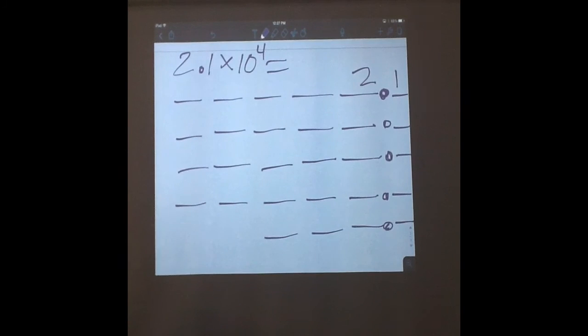Yes. Okay, so I'm going to move the 2. How many places? 1, 2, 3, 4. Is that where the 2 goes? Yes.